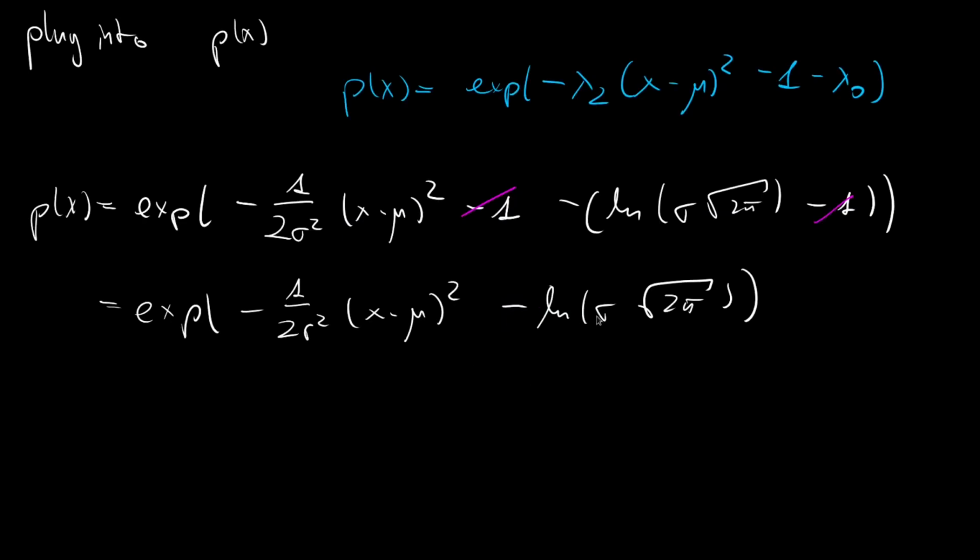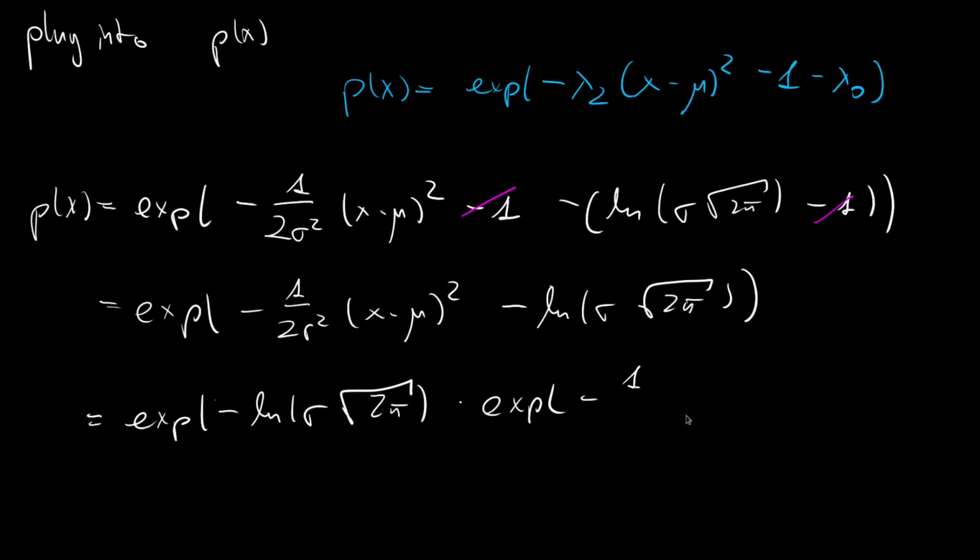And then we can split out, since we know if we have an addition or subtraction in the exponent, this is the same as if we would multiply e to the power of this times e to the power of this. So we have the exponential of, and also change the order here, minus the logarithm of sigma square root of 2 pi times the exponential of minus 1 over 2 sigma squared in brackets x minus mu squared.